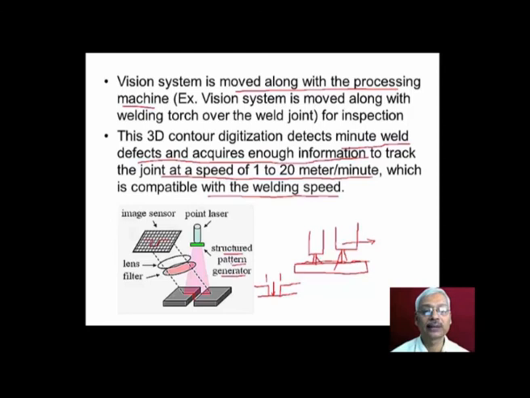So this pattern generator will generate the required pattern of laser, and then it is reflected back. Optical lenses are there so that the reflected light falls on the image sensor, and here the image sensor will capture the picture and it can be analyzed to check the width and depth measurement.